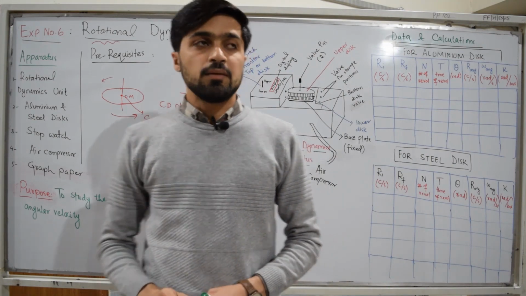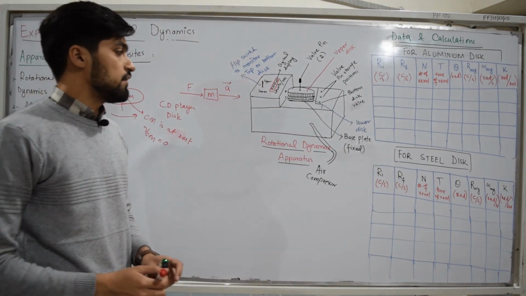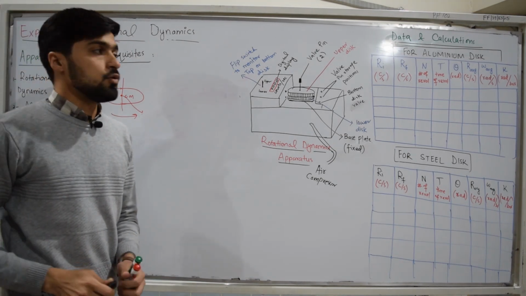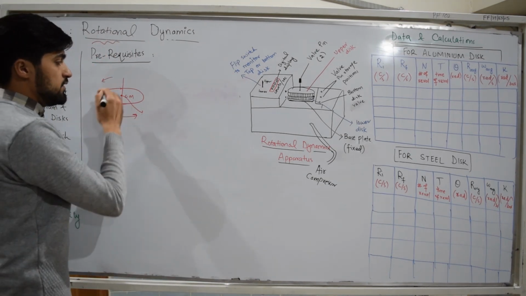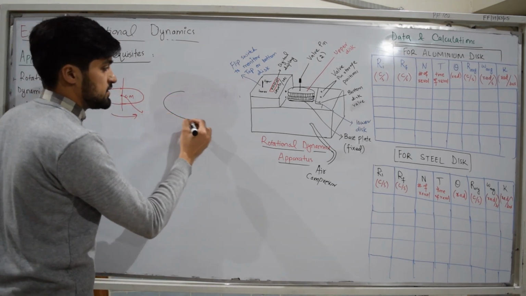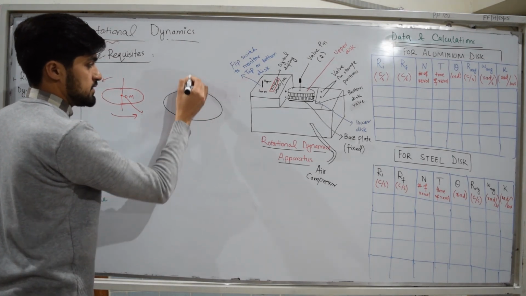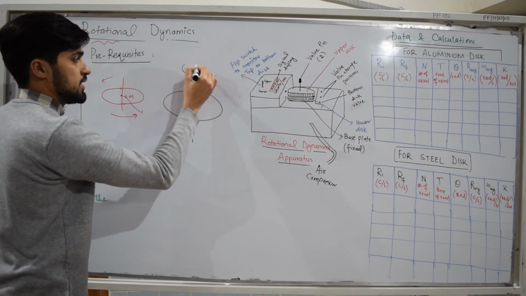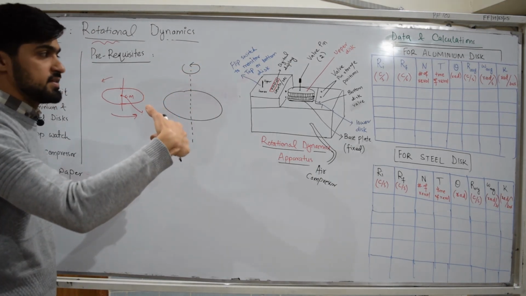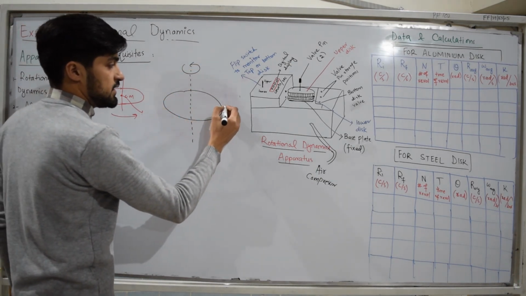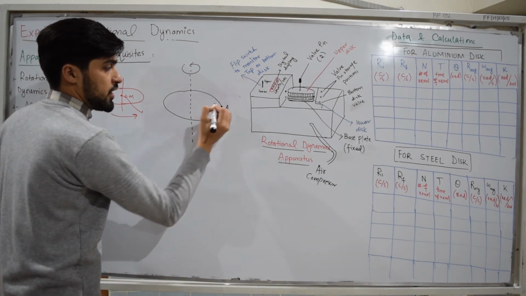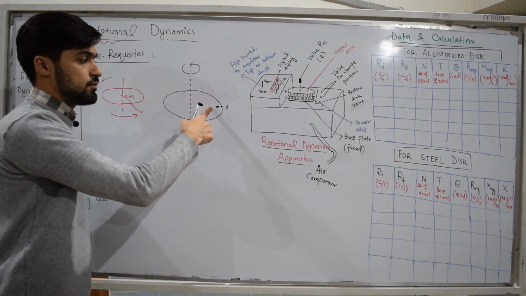If we are talking about angular velocity, definitely there will be some rotation involved. Now what is angular velocity? Let's take the example of this disk, rotating about a fixed point. This is the axis of rotation, and it is rotating in the anti-clockwise direction. Let's say I mark a point A on the disk with a dot.